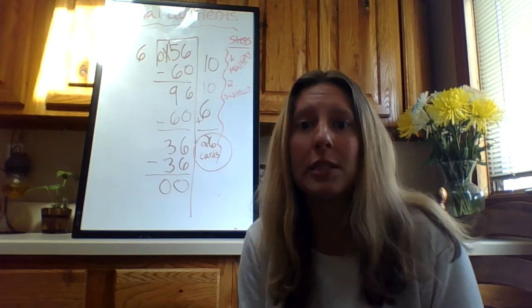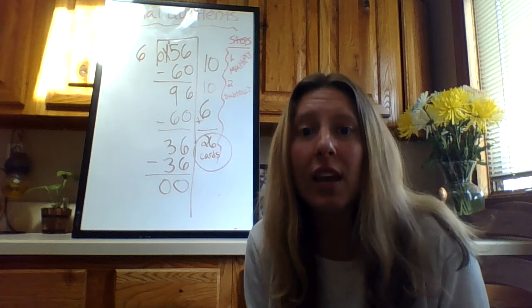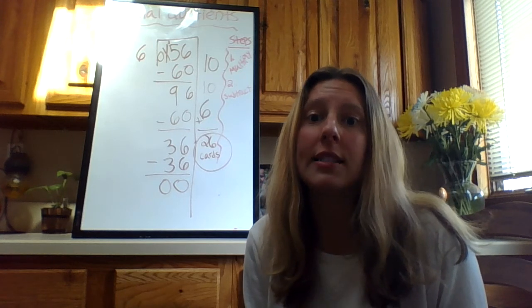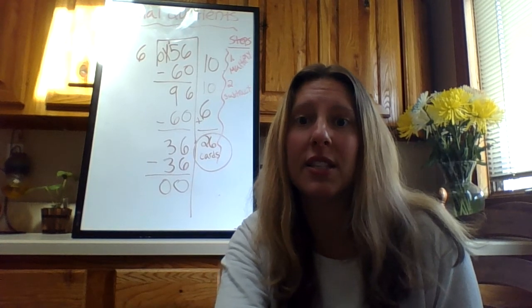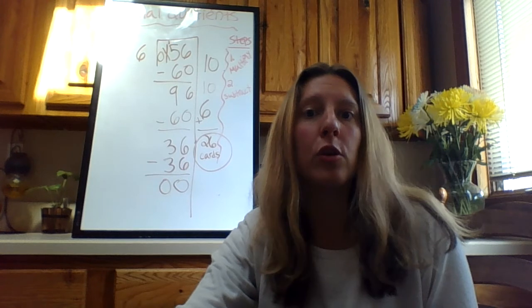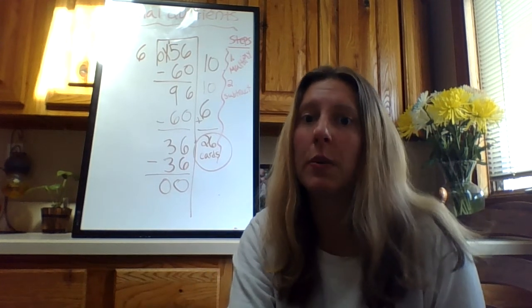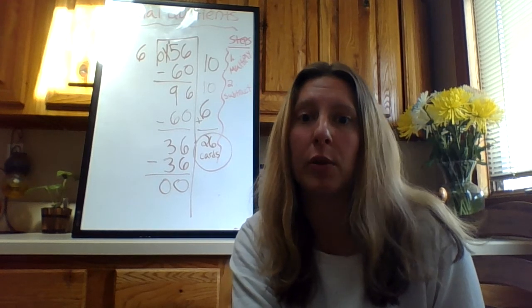So what I do is I go through all of your forms and I check them myself. If I see that you were marked as wrong when you have the correct number, so in this case, if you had 26, but you spelled cards wrong, or if you didn't put a space between 26 and cards and you were marked wrong, I would go in and change it and mark you as correct.